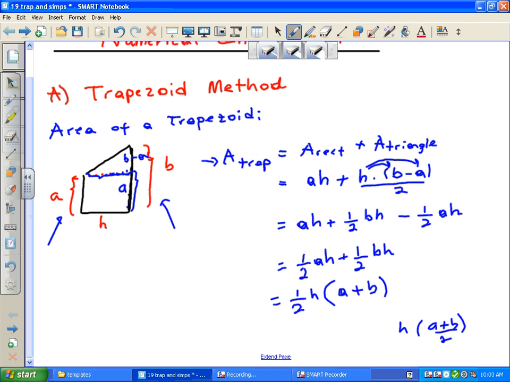So the area of a trapezoid is the width times the average of the parallel sides, basically. In other words, the average height, the way we have this trapezoid standing. Okay, so we're going to use this formula to get the trapezoid method for integration.